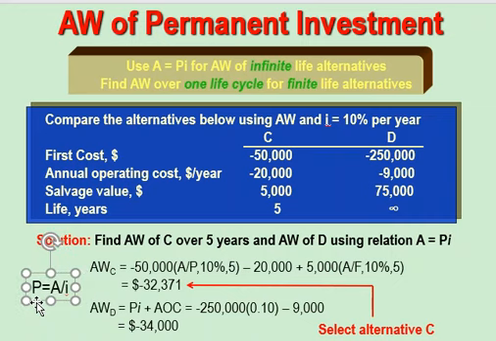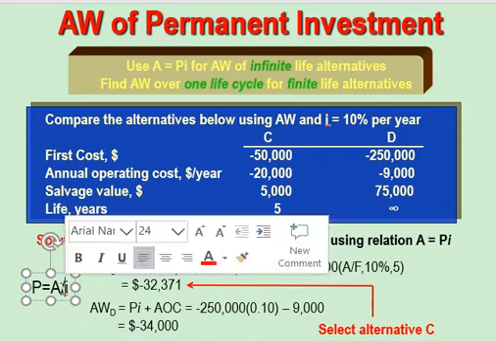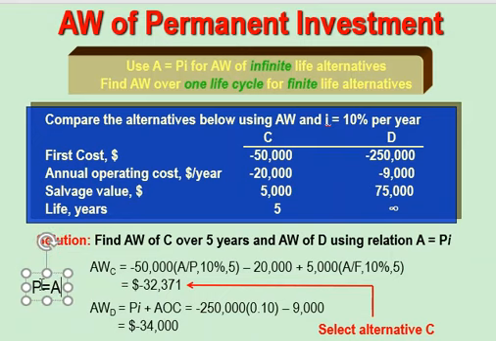When we want the capital cost for the infinite alternative, we use this. Now here, they are reminding us about it. If P equals A divided by I, that means A equals P multiplied by I, from algebra. So this is A equals P multiplied by I, and that's what they used.